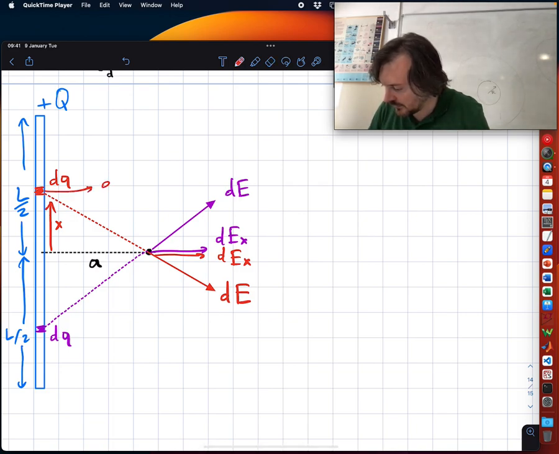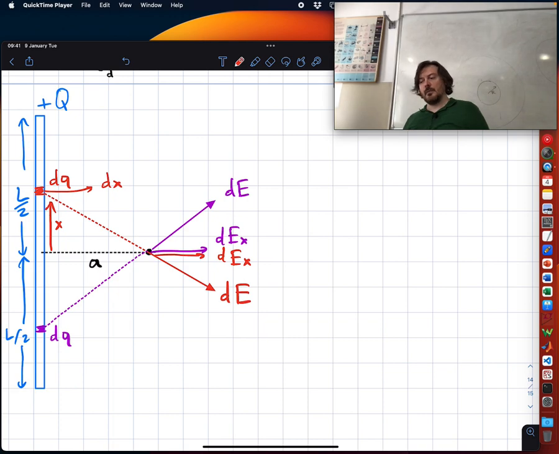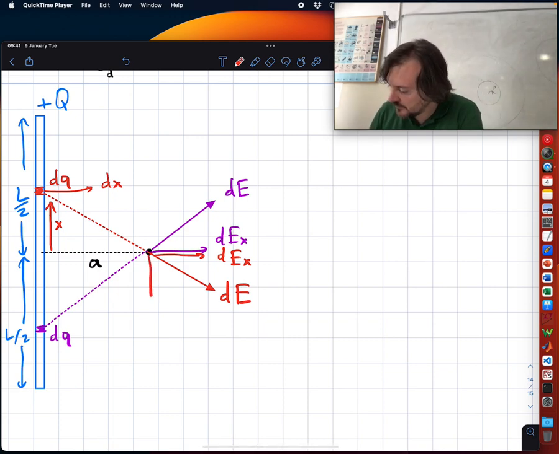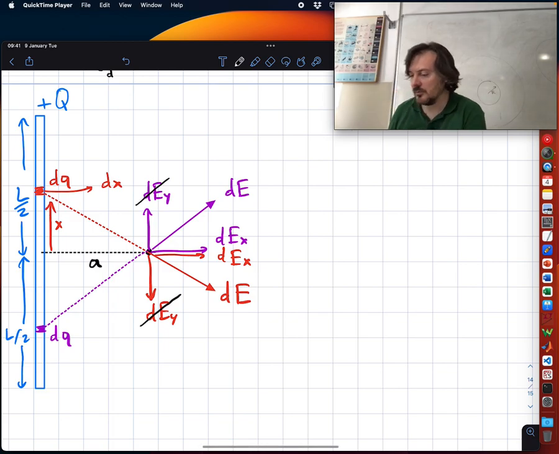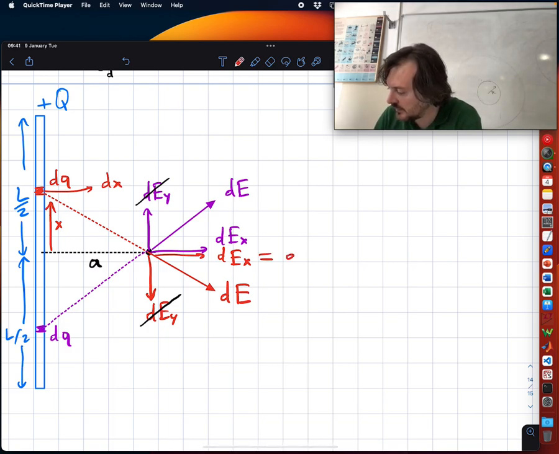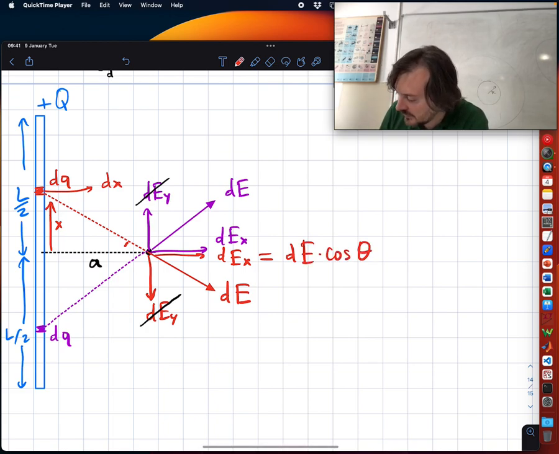This thing is dx. Now, dEy's will cancel each other out, right? So since they cancel each other out, we are only going to deal with dEx. And what is dEx? It's basically dE times cosine theta, where theta is this one.